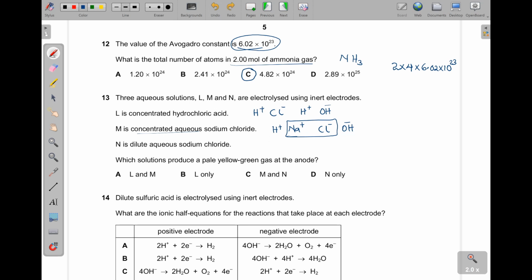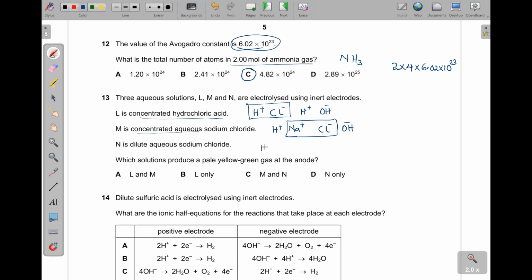Also here for the first one, the ones that I'm going to circle are the ones that are in plenty. So for concentrated, we have these ones from the acid rather than these ones from the water. Then N is dilute aqueous sodium chloride.